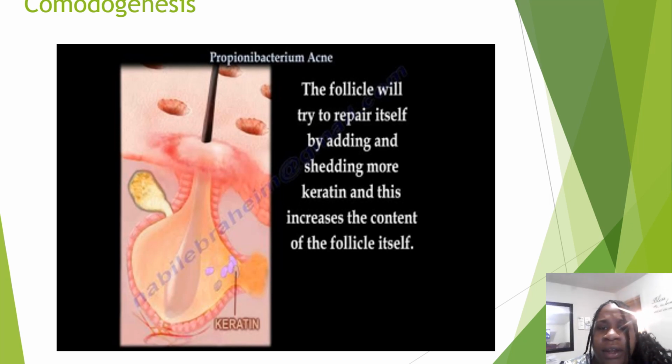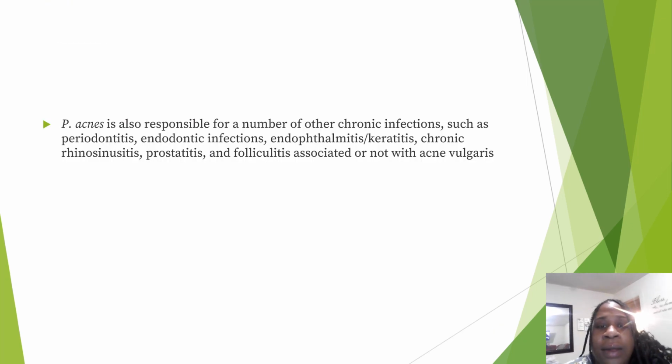The follicle will try to repair itself by adding and shedding more keratin, and this increases the contents of the follicle itself. P. acnes is responsible for a plethora of infections, and the minor ones are blackheads, whiteheads, sores, and bad acne.